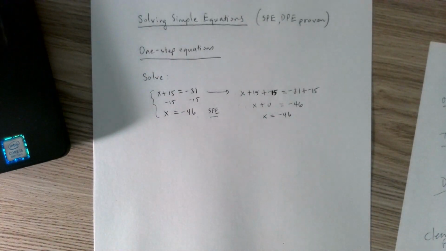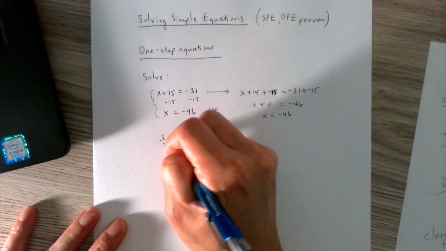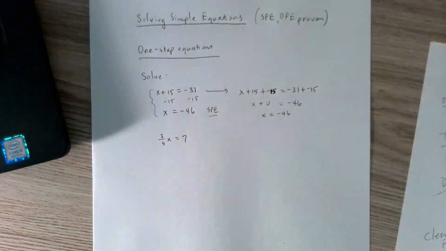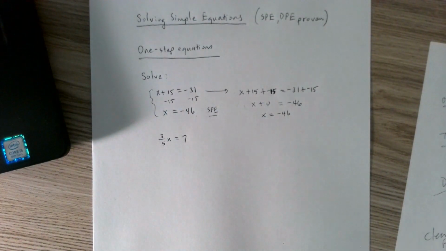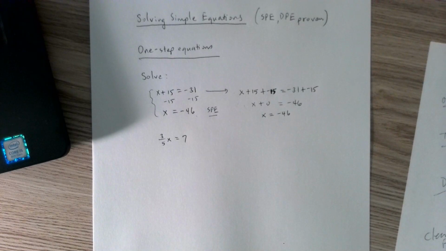You can do that. Okay, another one-stepper would be this one. So we got a fraction involved, and fractions make things ugly for most people, so we want to get rid of the fraction, and since it's multiplied with x, we can use DPE and divide.